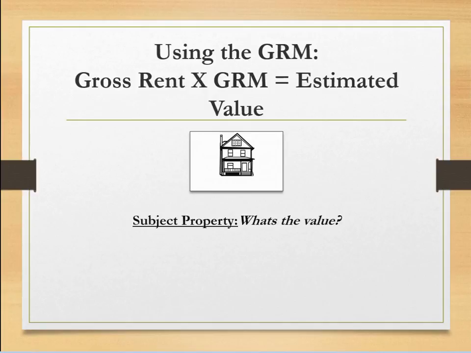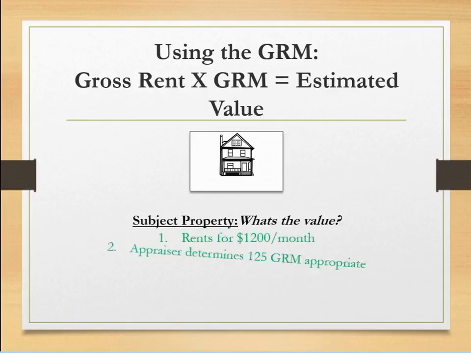So the GRM determined for the subject is then going to be put into this simple formula: the gross rent times the GRM. So the gross rent for this particular property, in other words, maybe it's the one that's on the market for sale, is renting for $1,200 a month. Using the information we just discussed, the appraiser has determined that a 125 GRM is appropriate after analyzing the comps and the other GRMs in the area.